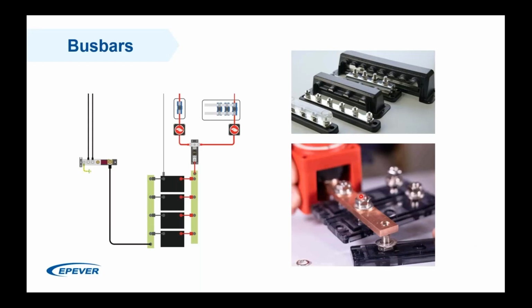Bus bars are meant to provide common positive and common negative terminals between the batteries and inverters, chargers and multiple inverters. They are also used in smaller systems, especially when there is a lot of DC equipment. So if you have DC equipment, you can connect it directly to your battery using these terminals of the bus bars.